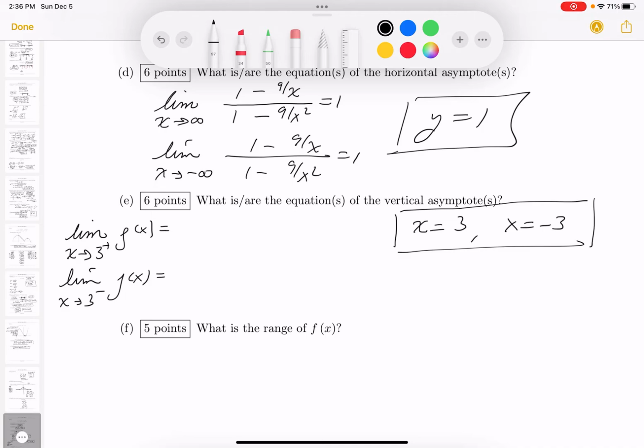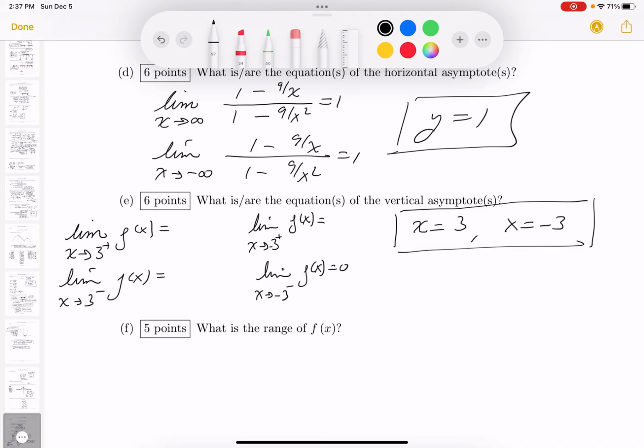We'll talk about this a little bit later. And look over here, the limit as x goes to minus 3 from the right of f of x, and the limit as x goes to minus 3 from the left of f of x.